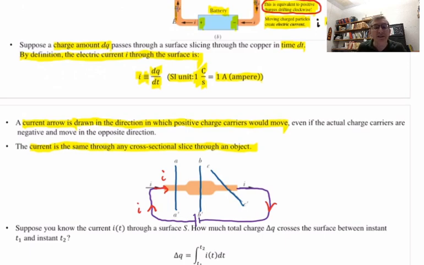No matter where the slice is, no matter what angle it's at, as long as it slices all the way through. And there are simple physical reasons why that has to be true. So that the current I through the slice AA prime is equal to the current I through the slice BB prime is equal to the current I through the slice CC prime.